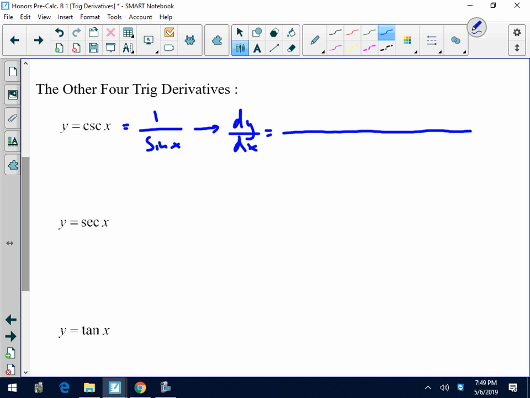U prime is going to be the derivative of the numerator, which is going to be 0. And our v is going to be our denominator of sine, minus our u v prime. And of course our u is our numerator of 1, and our v prime would be the derivative of the denominator sine, which is cosine. Now right here that's all over sine x squared.